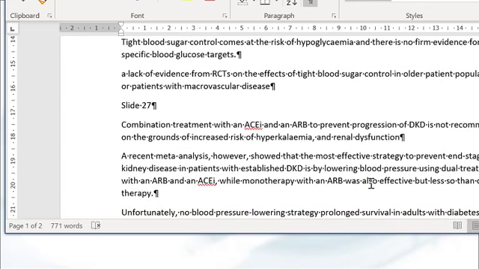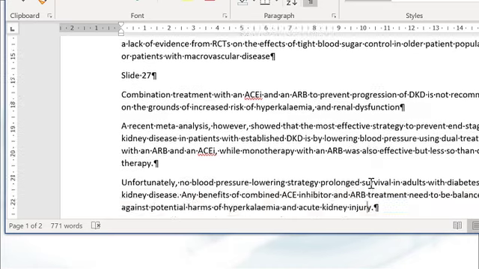And a recent meta-analysis has shown that the most effective strategy to prevent end-stage renal disease in patients with established DKD is by lowering their blood pressure with either an ACE inhibitor or an ARB, while monotherapy with an ARB is only effective when it's quite severe.